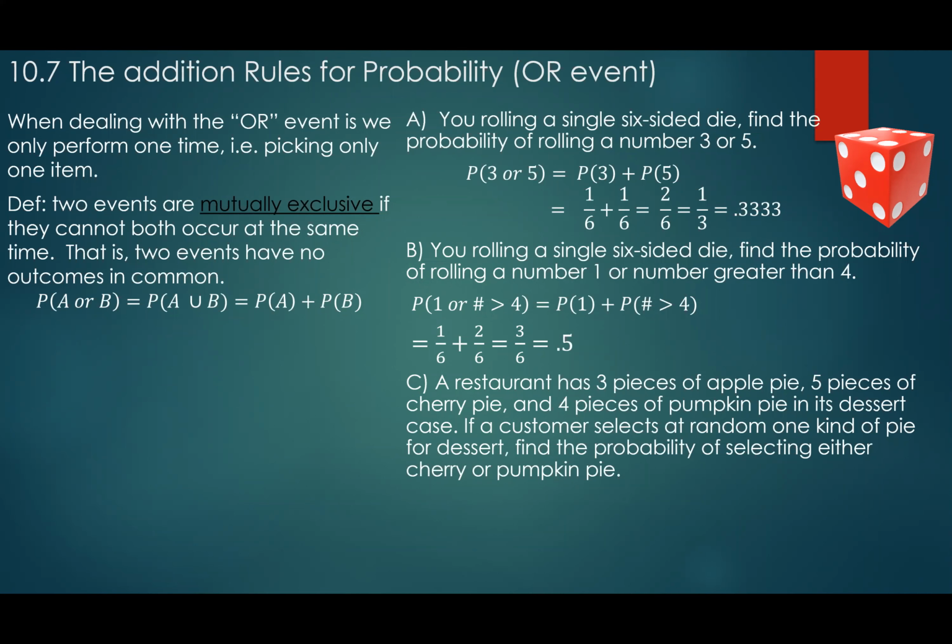Do you agree that if you select one item, there is no way that the cherry pie and also the pumpkin pie appear at the same time? They cannot come out at the same time. They cannot occur at the same time. And that's why in this question, the word or is mutually exclusive, right?